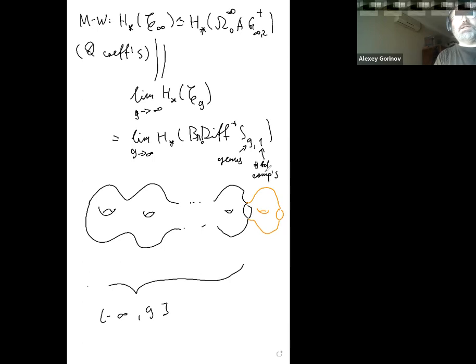Why? Because the classifying space of the identity component is contractible. So let me put this pi naught in blue.